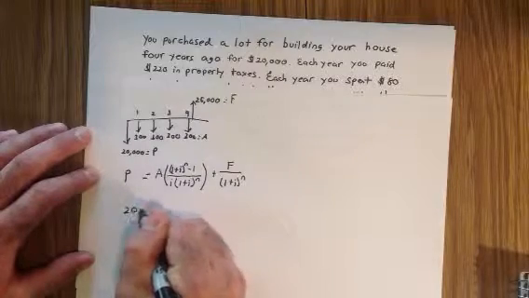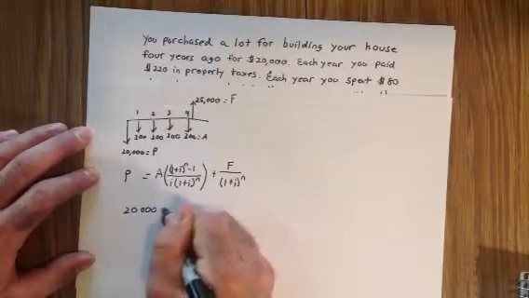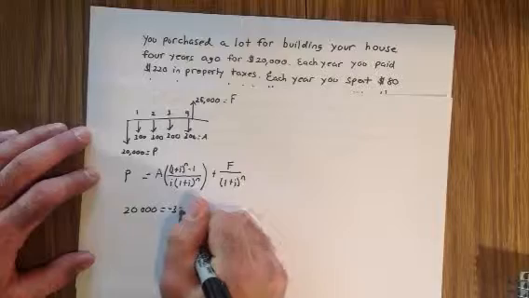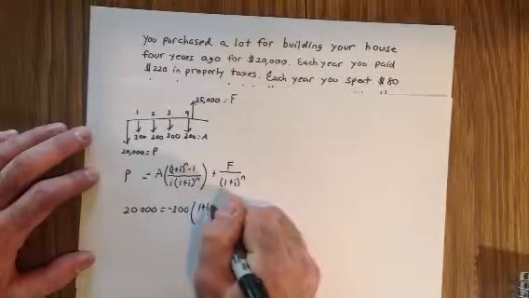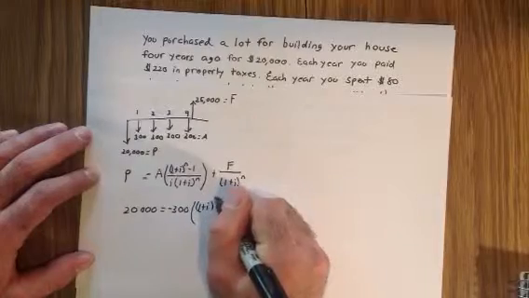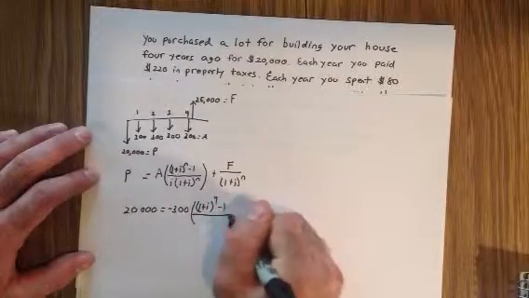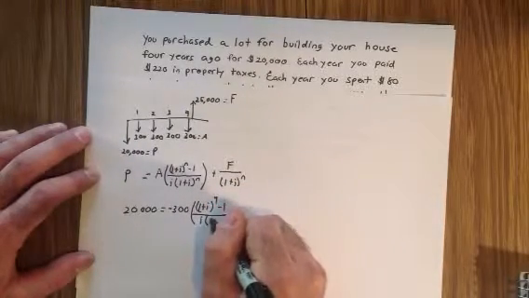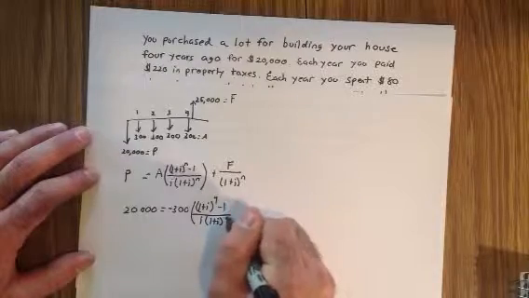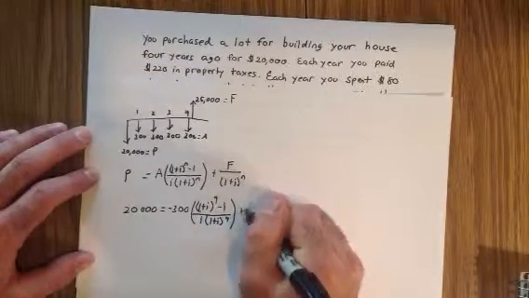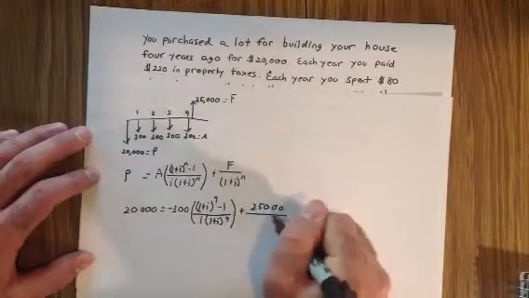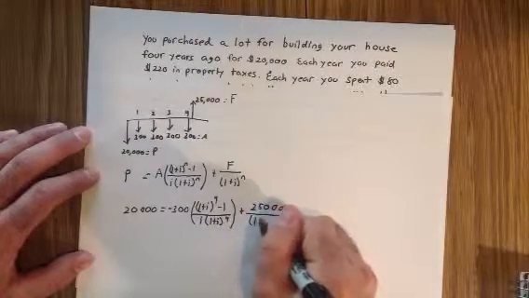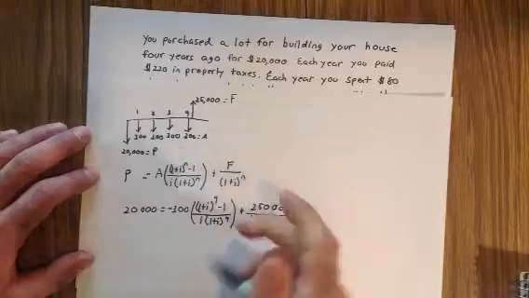After putting in our numbers, we have a negative $300 here since it is a payment, times (1 plus i) to the 4th, which is our number of years, minus 1, over i times (1 plus i) to the 4th again, all added with our $25,000 over (1 plus i) to the 4th.